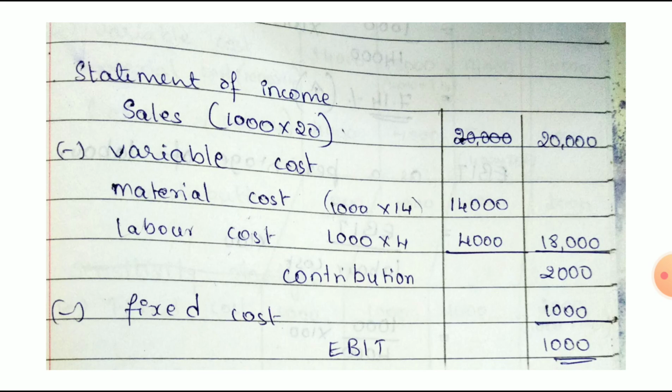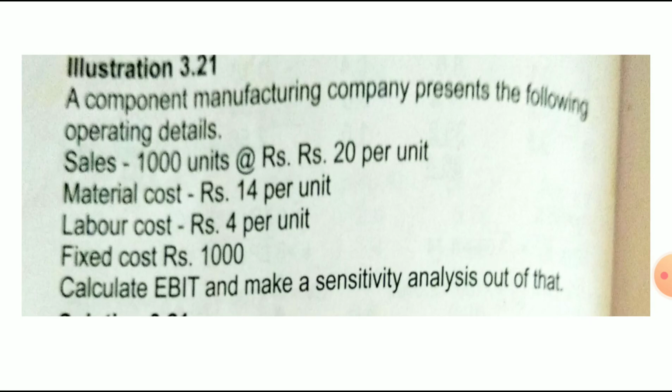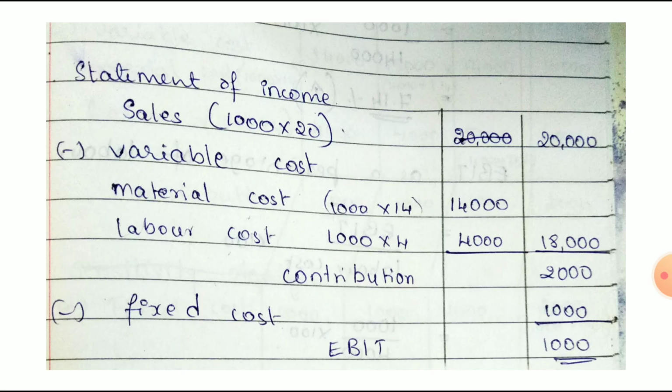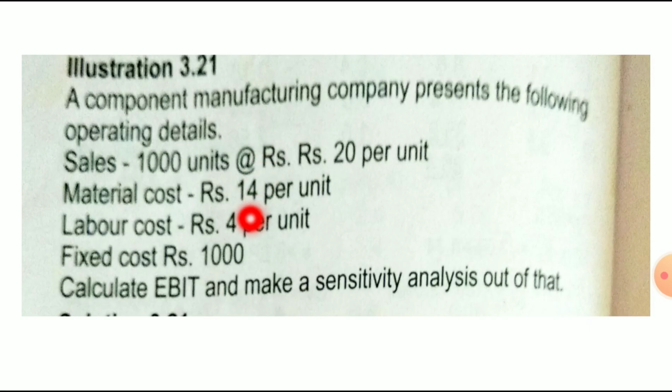First we have to calculate EBIT. So in the EBIT calculation, first we have to write sales. Total units sold is 1000 and the selling price per unit is 20. So 1000 into 20, so sales is 20,000. Then variable cost per unit, material cost is rupees 14, and labor cost is rupees 4.